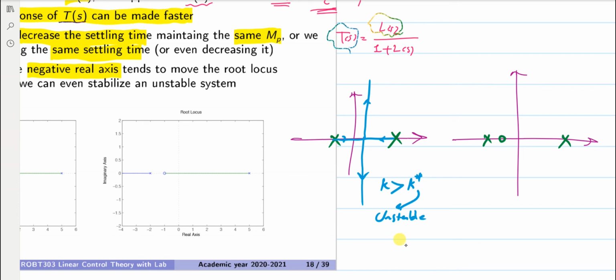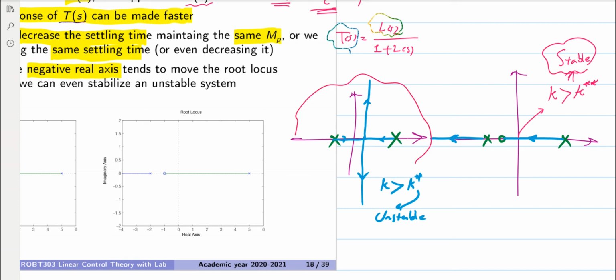Now if I draw the Root-Locus for the system, one branch will be here, another branch will be here, and now you can see that for some values for k bigger than k double star, we will have the closed loop system stable.